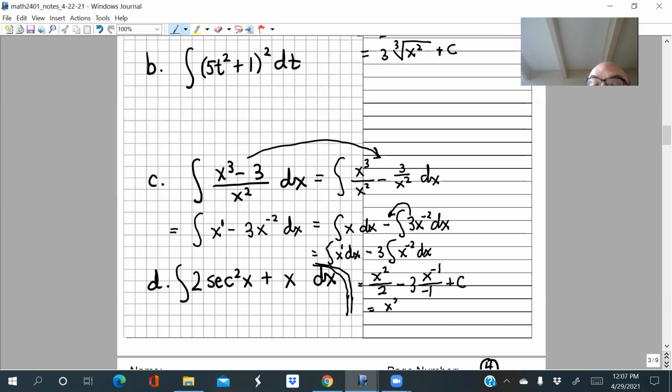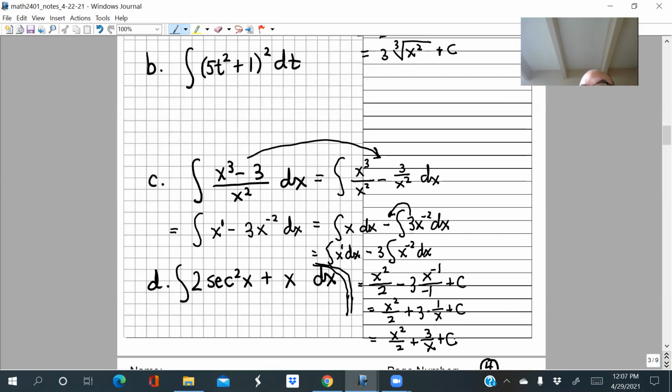So we get x squared over 2. Notice here, the minus 3 and the minus 1 are going to cancel each other, so you'll get plus 3. And then x to the minus 1, well, that's 1 over x, right? So it looks like at the end here, I have x squared over 2 plus 3 over x plus a constant.